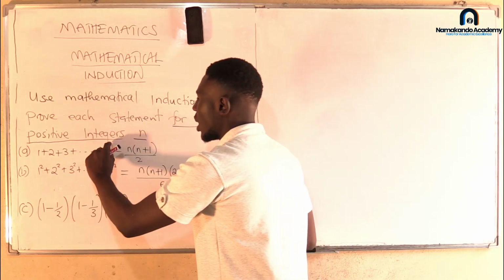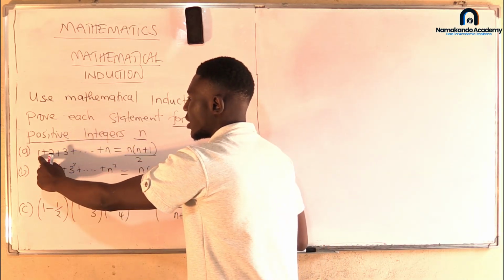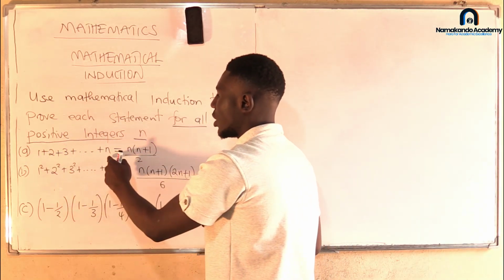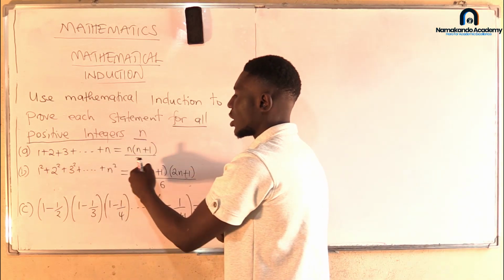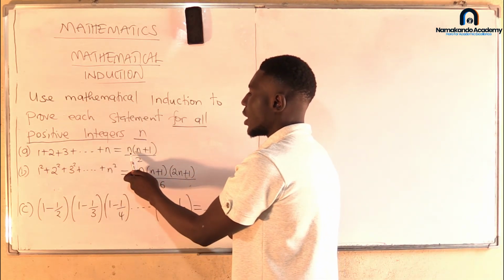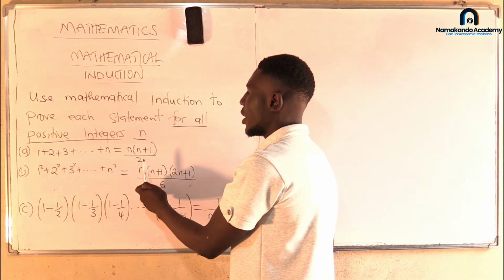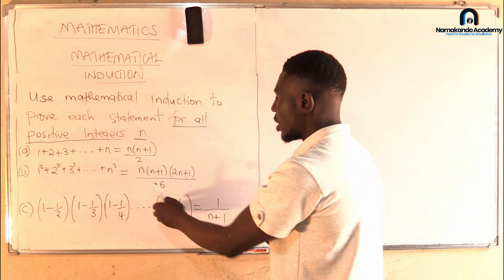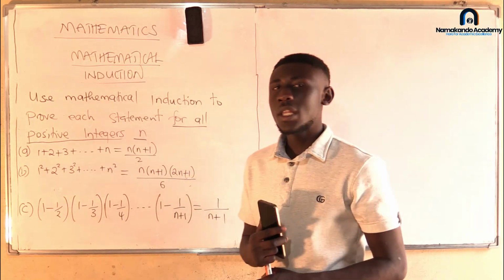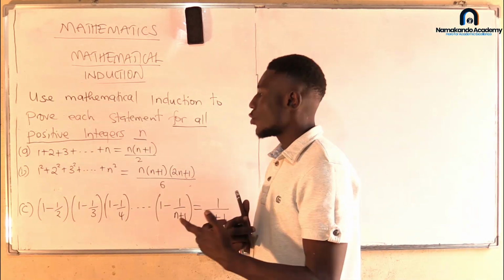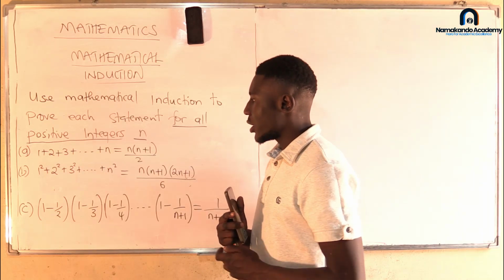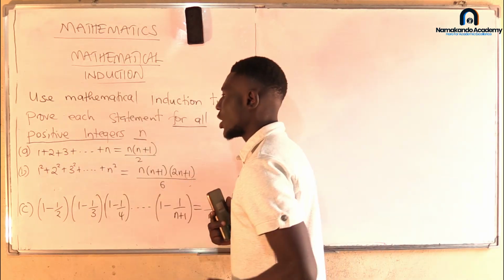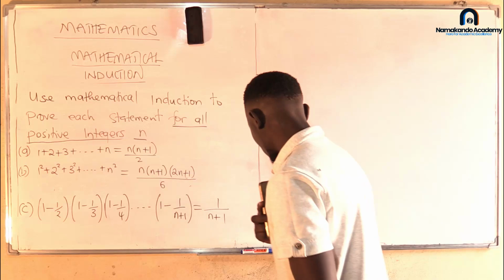If you add all these terms, from 1 up to n, the result you obtain is n multiplied by n plus 1, then divided by 2. All the statements you can see here are correct, but let's prove how correct they are, using mathematical induction. Let's start with the first one, A.